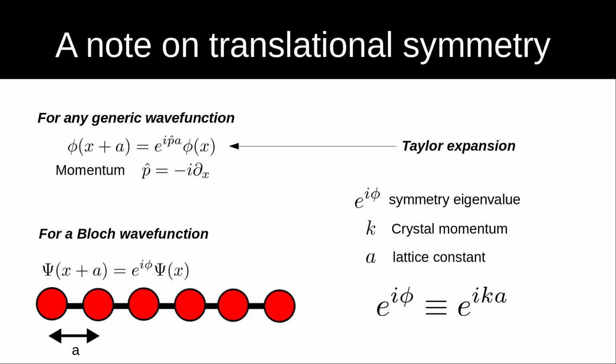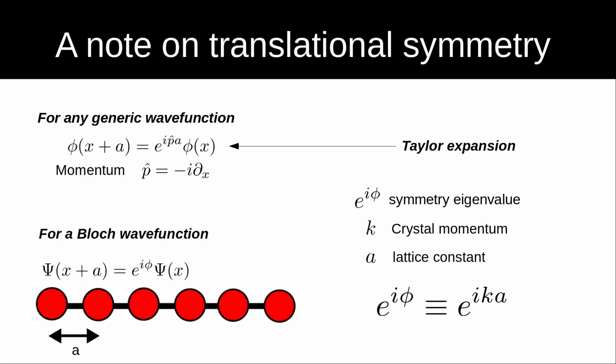Then what you can identify is that the phase that is picked up by the translational symmetry operator is essentially some sort of quasi-momentum times the lattice constant, times how much you actually shifted your system in real space.